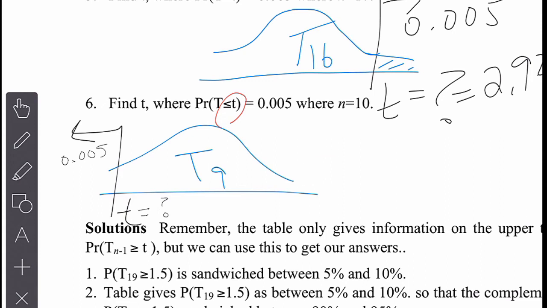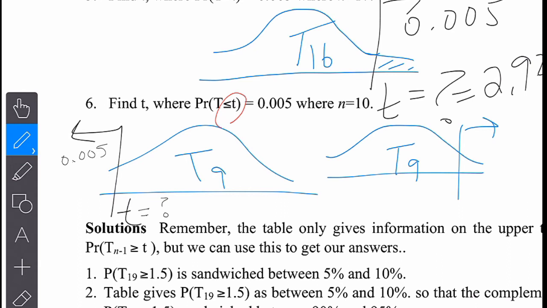So let's draw that up here. For the right tail of T9, I want to know if this is 0.005, and this t, what's the t here? Go to the table, from the top, find 0.5% and go all the way down to 9.